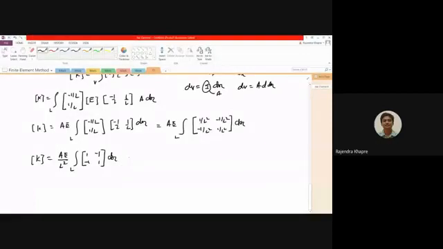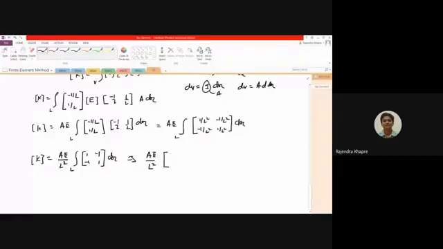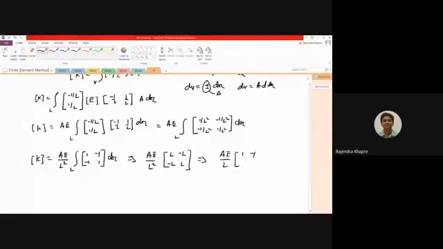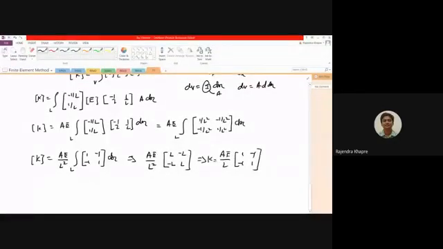If you solve this, you get A E upon L square, and on integration you get L, minus L and L. So one L gets cancelled, and this is nothing but A E upon L times the matrix 1 minus 1, minus 1 1. This is your stiffness matrix for the simple bar element.